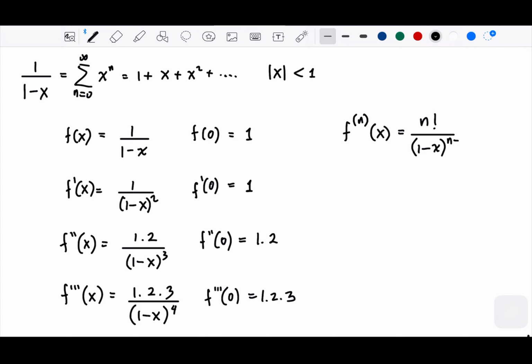So we can take n plus 1. And when x is equal to 0, this is going to be n factorial.